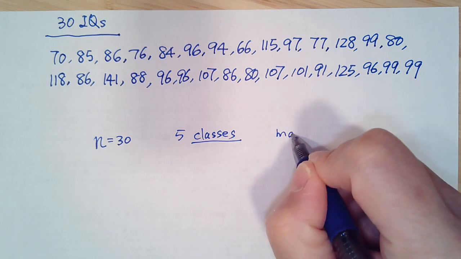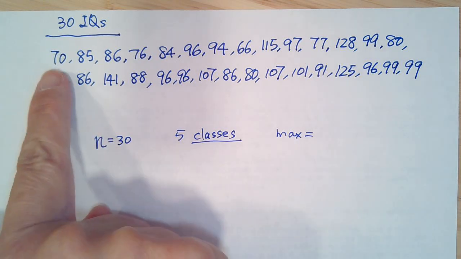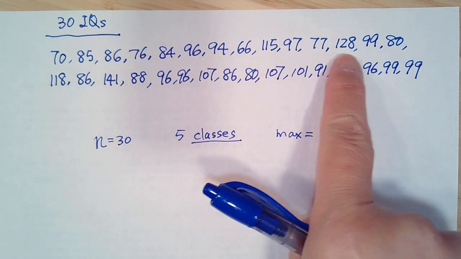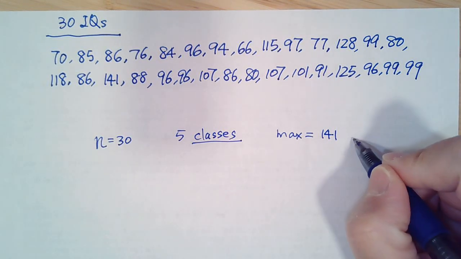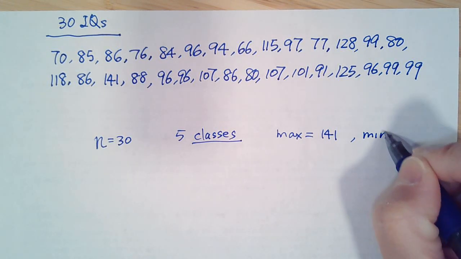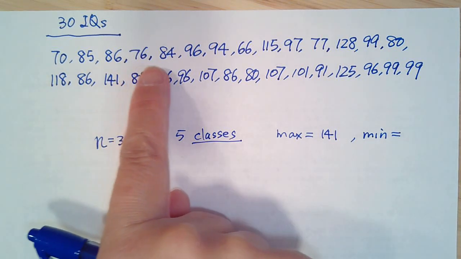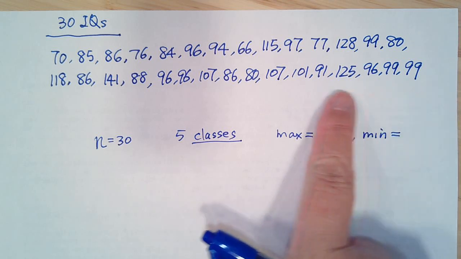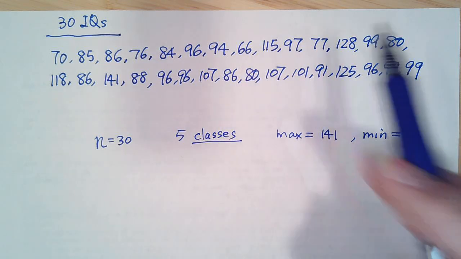And what is your maximum value here? If you look through it, the maximum so far is 141. There's nothing above it. And our minimum value, if you have a really good eye and look through it, here's a 70. Do we have something lower than 70? Oh, we do have one. We have a 66.